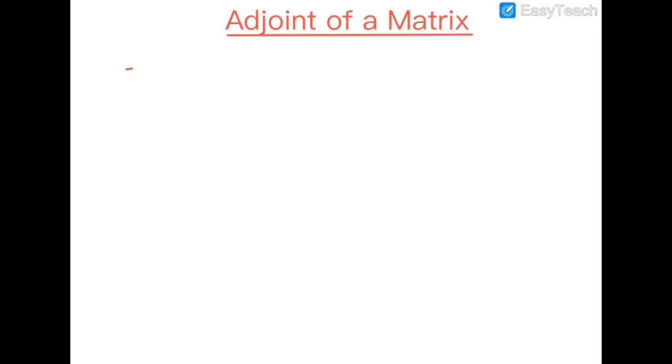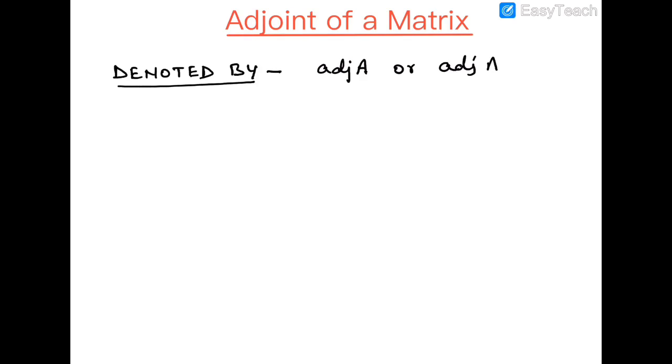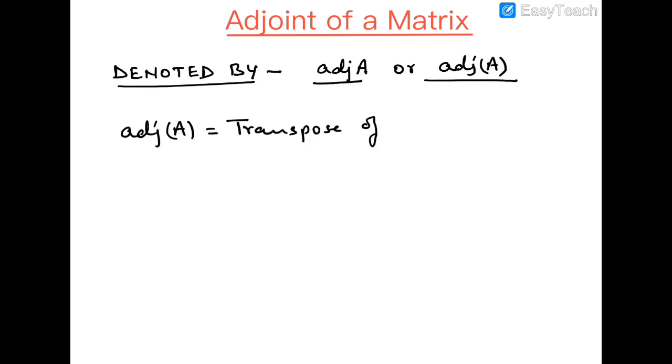So guys, today we will be learning about the adjoint of a matrix, denoted by adj A, that is adjoint of matrix A or adj(A). Both are the same thing. So adjoint of A is equal to the transpose of the cofactors Aij of a square matrix.